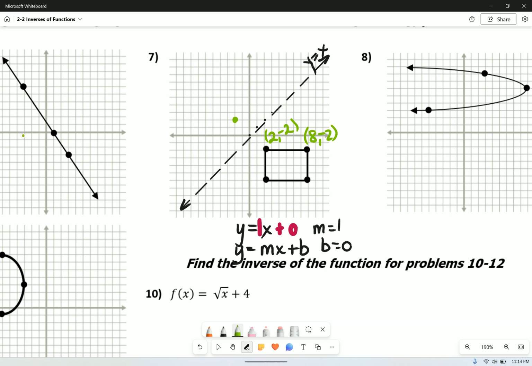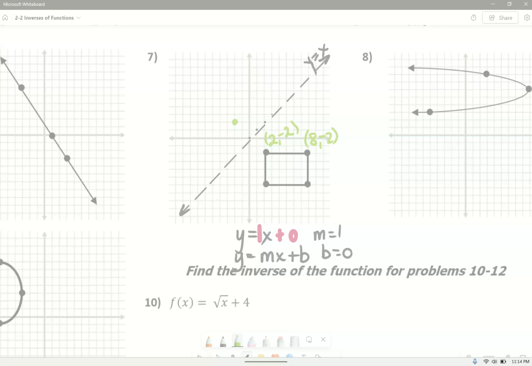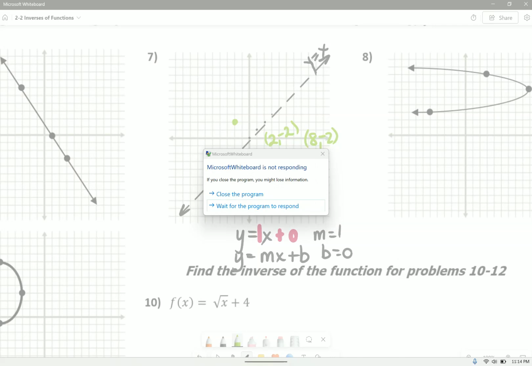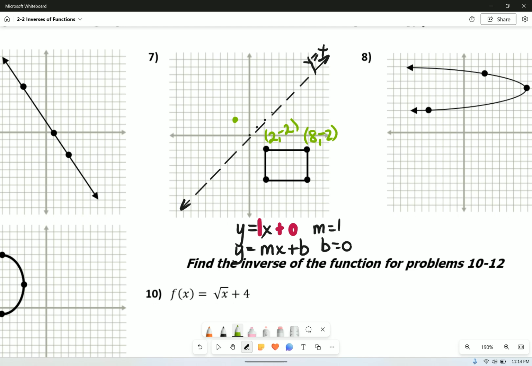So if I can actually write it. All right, there's the -2, 8.